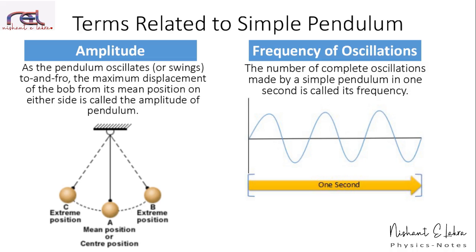Using a graphical understanding, from this point to the point that I'm marking is one oscillation, the completion of one oscillation. From that point to the third point is the completion of the second oscillation, and from the third point to the fourth point is the third oscillation.